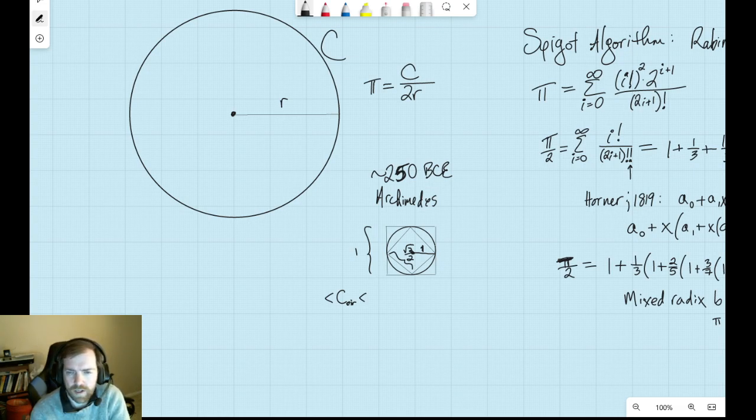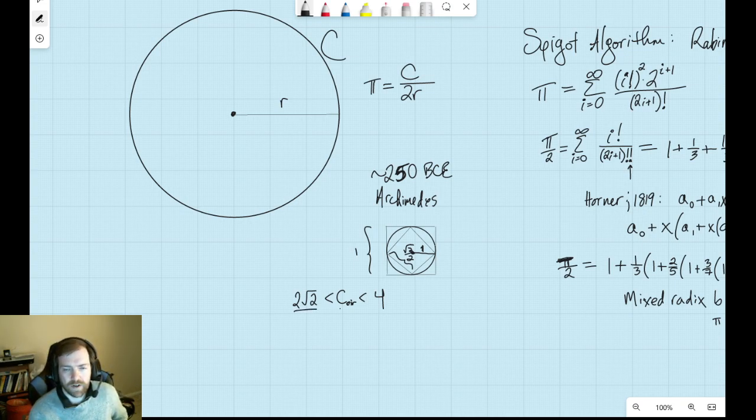Between the larger one, which had a circumference of 4 in this particular case, and a value of 2√2 on the low side for the inscribed one, which is the perimeter going all the way around that one. So the circumference of the circle needs to be somewhere in between those.